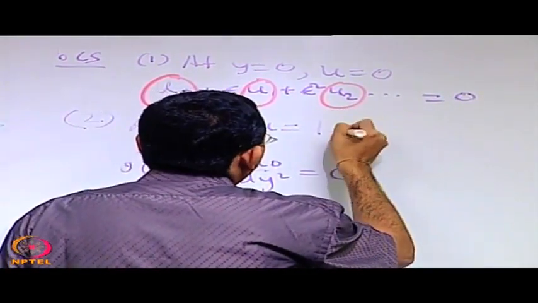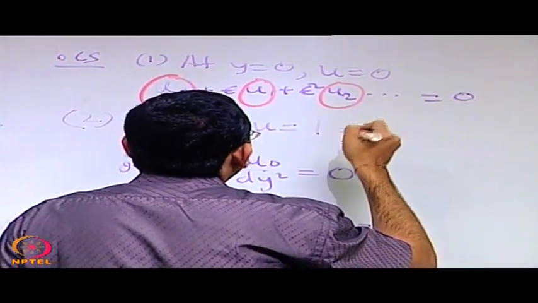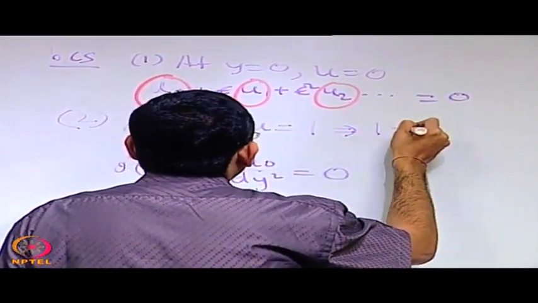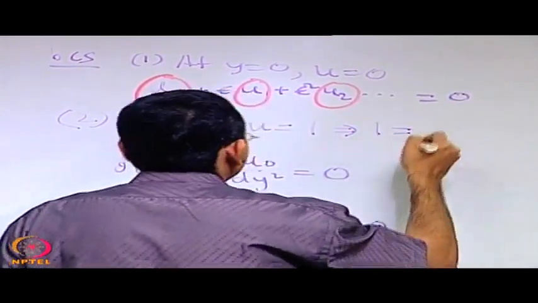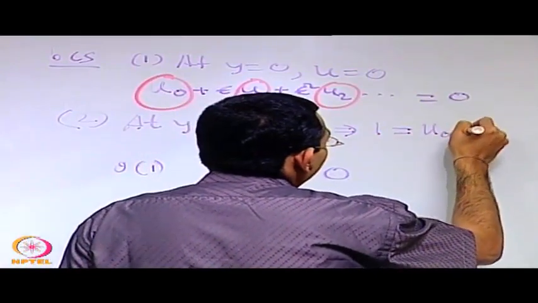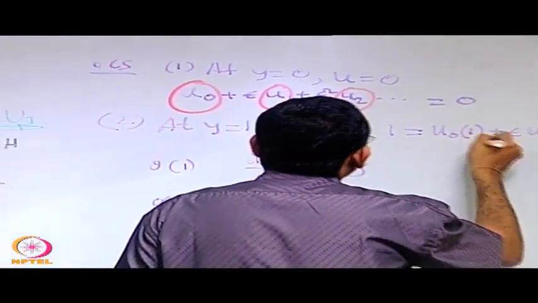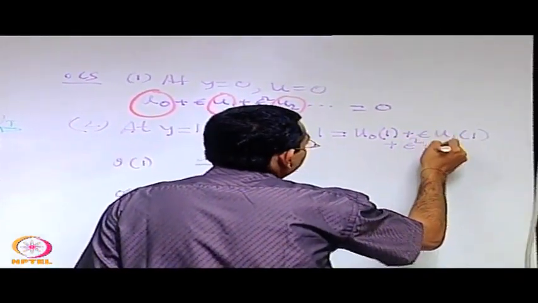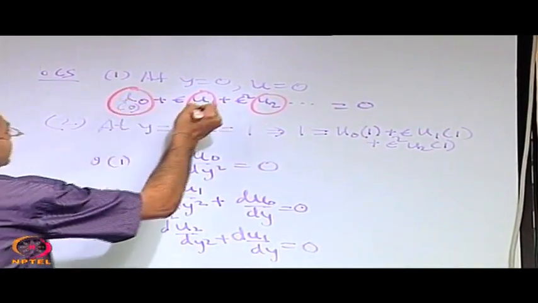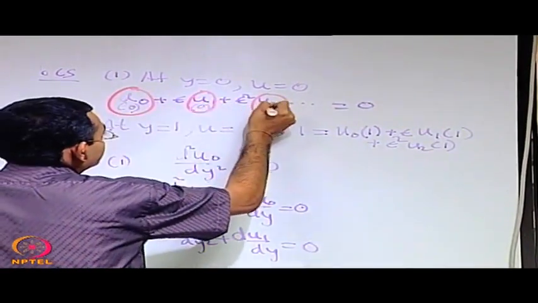So that means you have 1 is equal to u0 at 1 plus epsilon u1 at 1 plus epsilon square u2 at 1, like that. These are all evaluated at y equal to 1, you have to understand this.